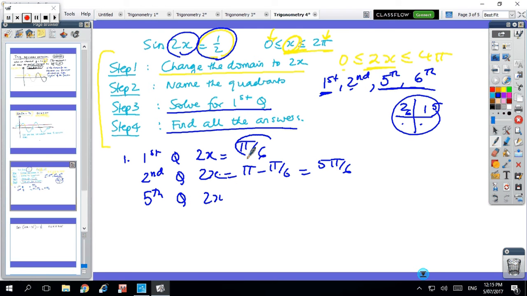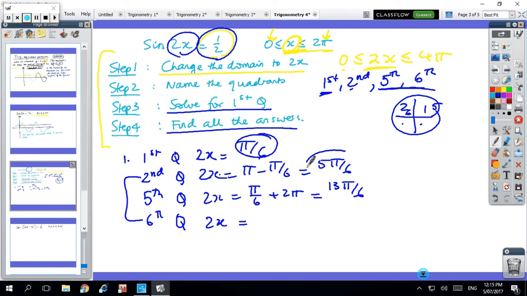Now, it's going to be the same position as the first quadrant, but just another lap through. So it's going to be pi on 6 plus 2 pi, which will be 13 pi on 6. And then in the sixth quadrant, the fifth and the second quadrant are the same quadrants with just another lap added on. So we get 5 pi on 6, and then just add a lap, which is 2 pi. So 6 2s are 12 plus 5 is 17.